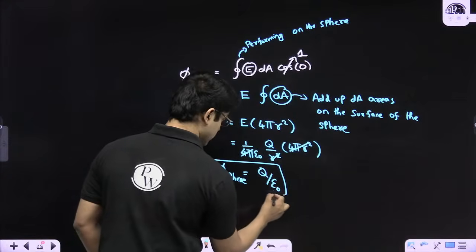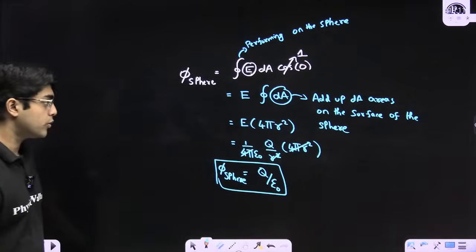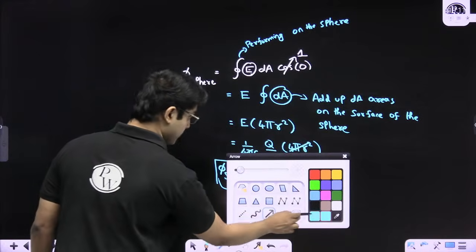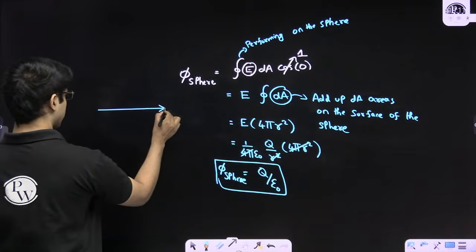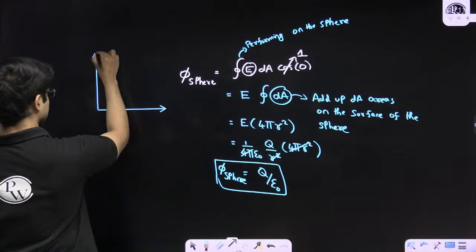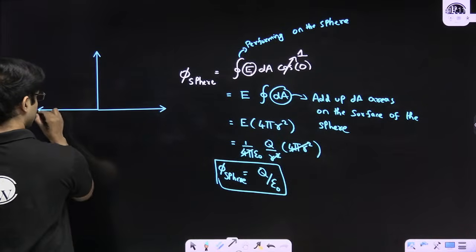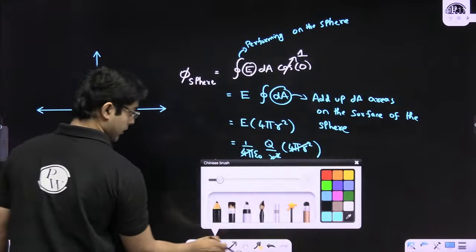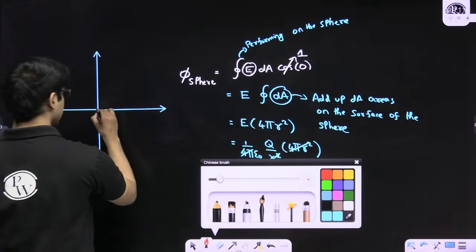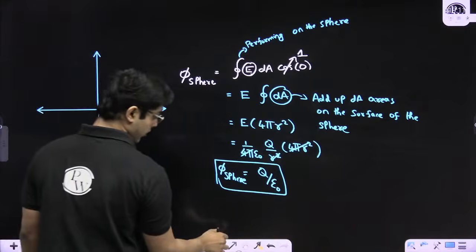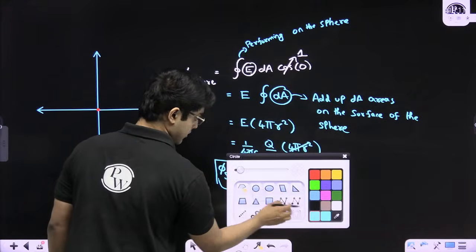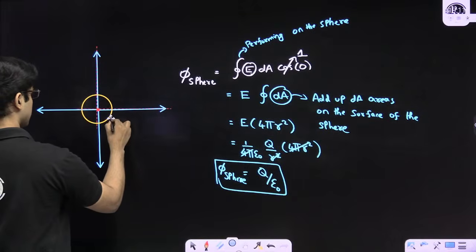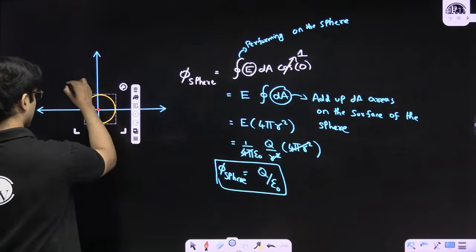The total flux through the sphere has nothing to do with the radius. This you can also visualize pretty easily. If I just draw 4 field lines coming from the center, then it doesn't matter if you choose a smaller sphere or a larger sphere.